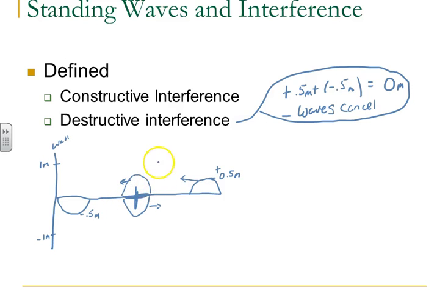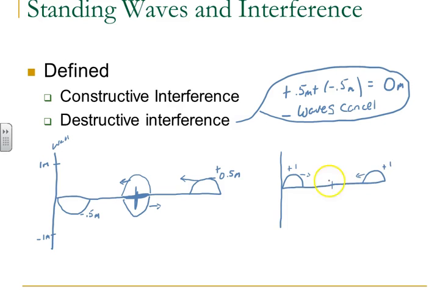If, on the other hand, let's suppose we have a scenario like this, where we have a, let's call this a positive 1 moving in this direction, and maybe on this string we've got a positive 1 moving in this direction.